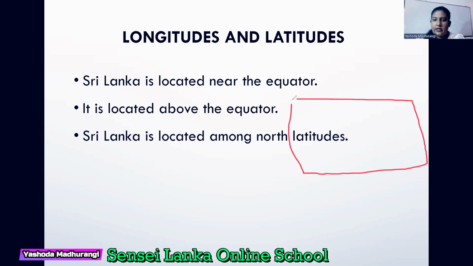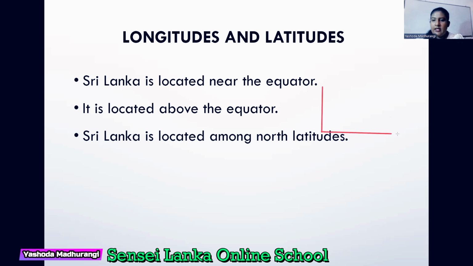If this is the world map, it's not beautiful, I think. Then shall we use straight lines like this? If this is the world map, yes, we are located near the equator. Do you know the equator? The 0 latitude. This is the equator.